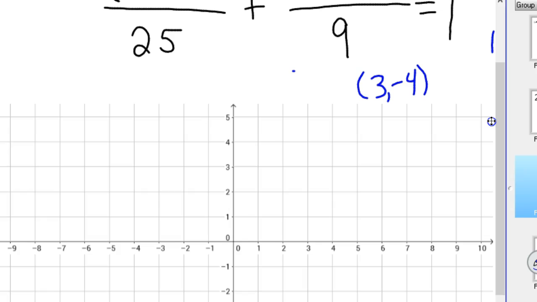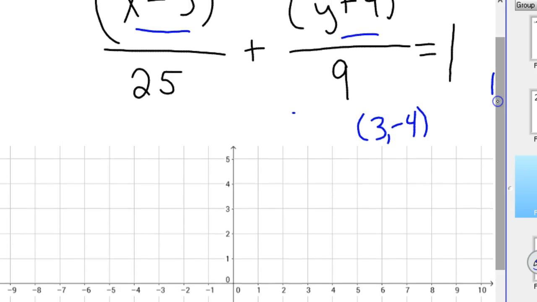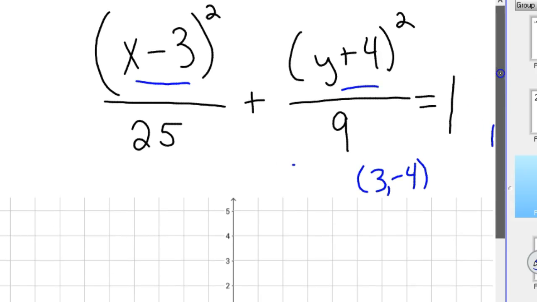Then the numbers on the bottom: 25 goes underneath the x value. So that's saying a is 5. And b, since that's 9, b is 3.